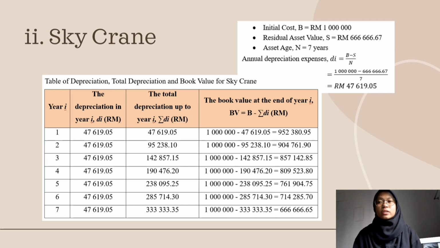When the 47,000 is added up over the 7 years, it totals 333,000. And for the book value, the last value at year 7 goes to 666,000, the same as the residual asset value.